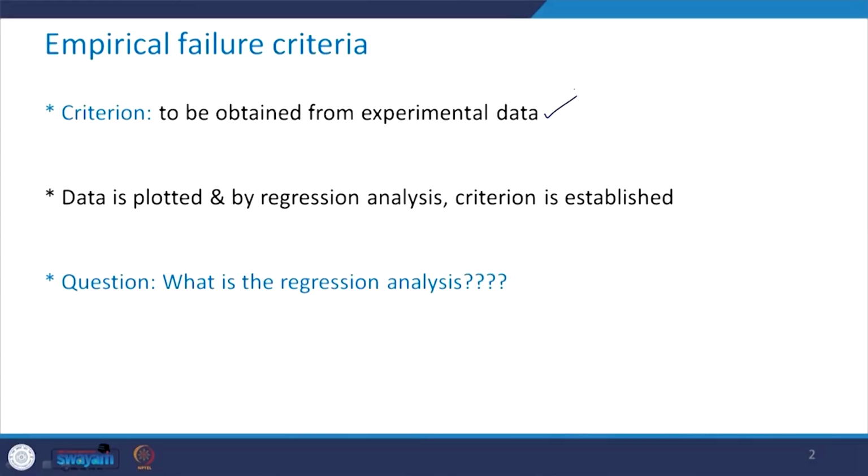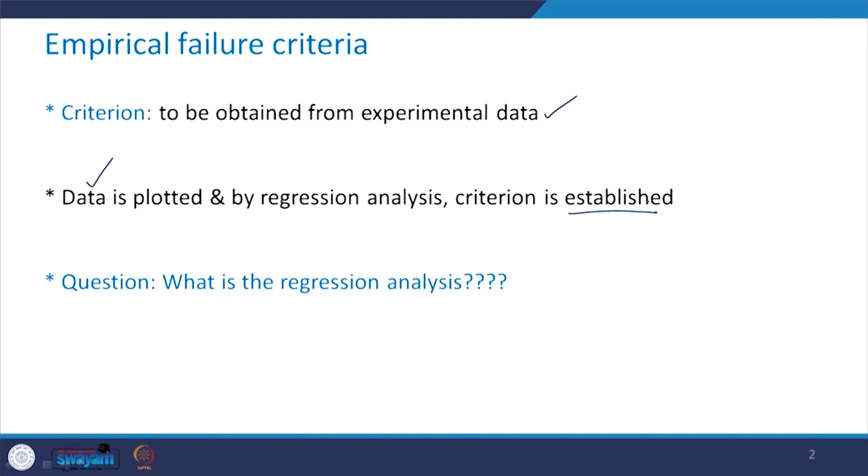To start with, as I mentioned, the criterion is to be obtained from experimental data. This data is plotted and then regression analysis is carried out in order to establish the criterion.